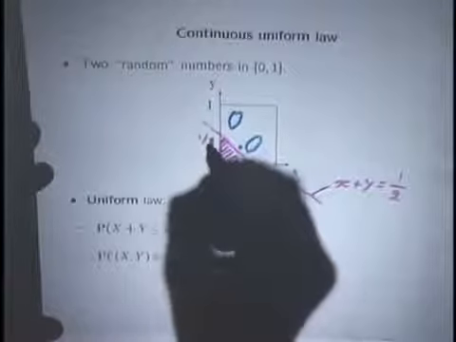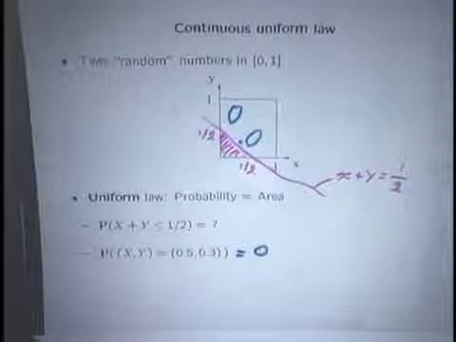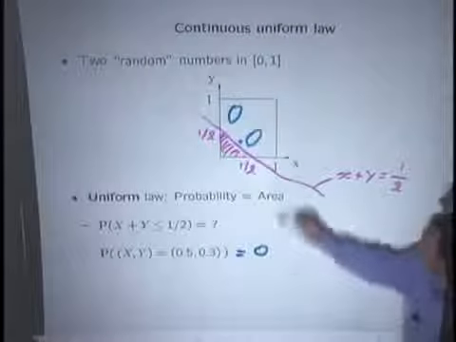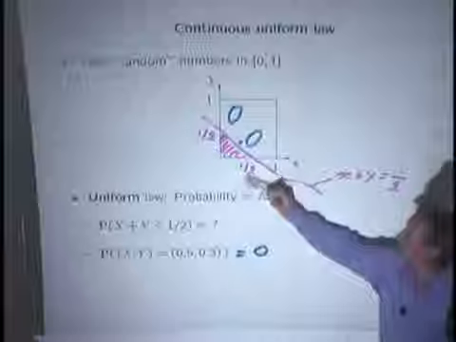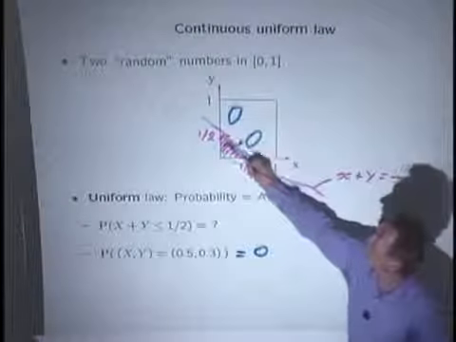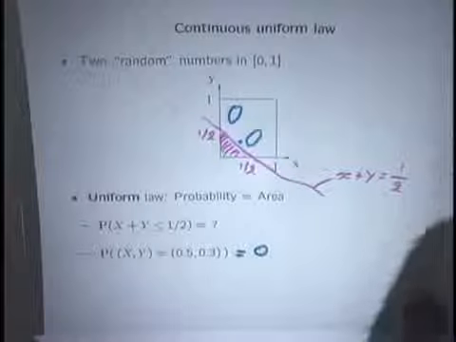So the intercepts of that line with the axes are 1/2 and 1/2. So you describe the event visually, and then you use your probability law. The probability law that we have is that the probability of a set is equal to the area of that set. So all we need to find is the area of this triangle, which is 1/2 times 1/2 times 1/2 equals 1/8.